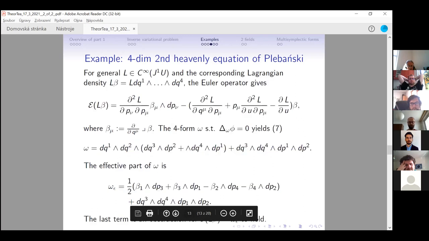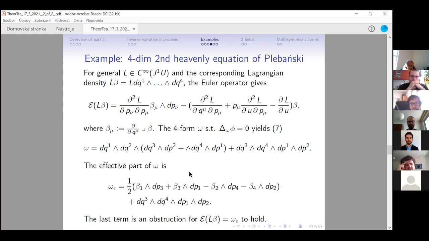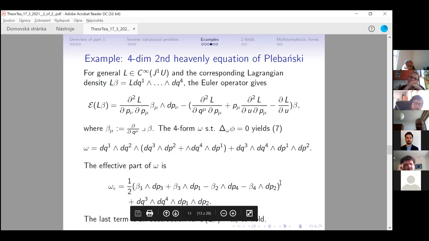But this guy is not effective. We can compute the effective part. And it looks like this. Omega E equals 1/2 beta 1 wedge dp3, etc. Again, we are in dimension 4, and beta 1 is, in this case, dq2, dq3, dq4.